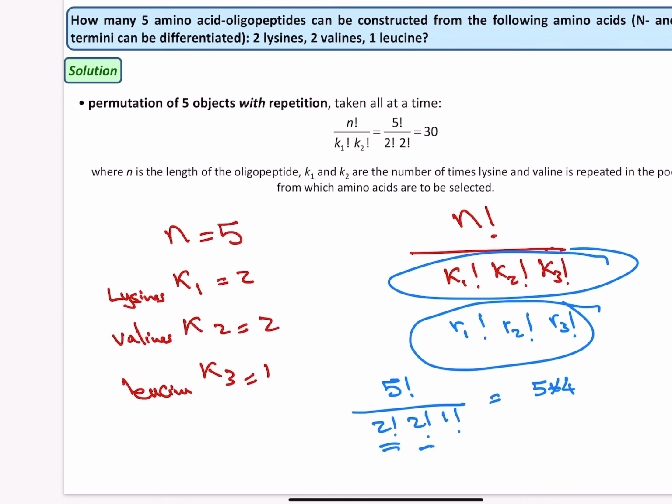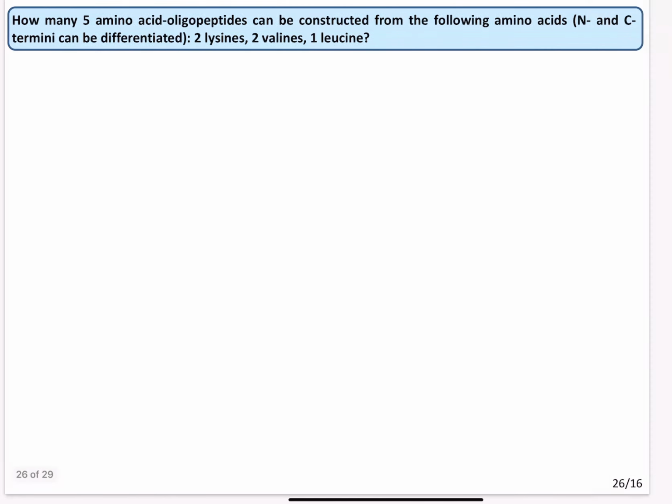Below we have 2 factorial times 2 factorial, and 1 factorial can be ignored. One of these 2 factorials cancels with the 2 factorial above, leaving 2. So 5 times 2 equals 10, times 3 equals 30. The answer is 30. I hope it is clear.